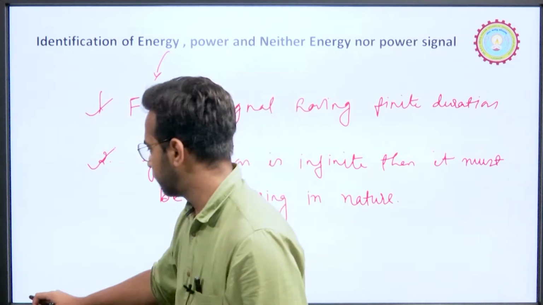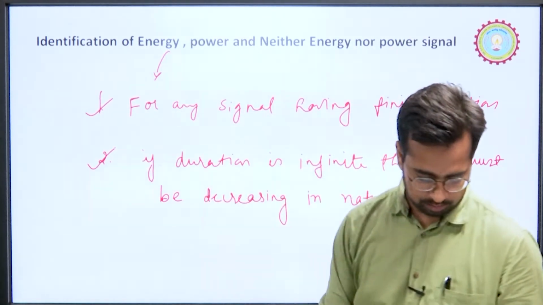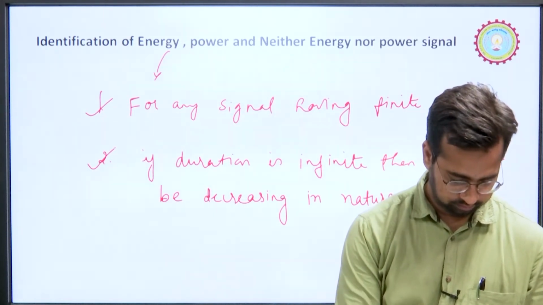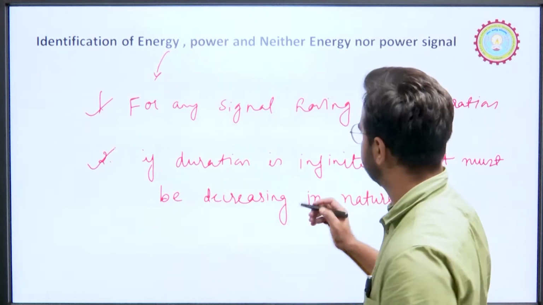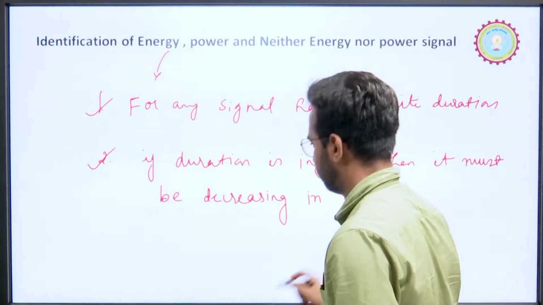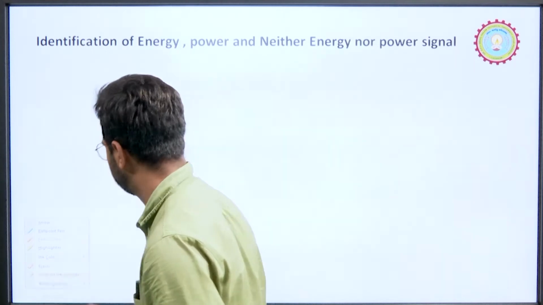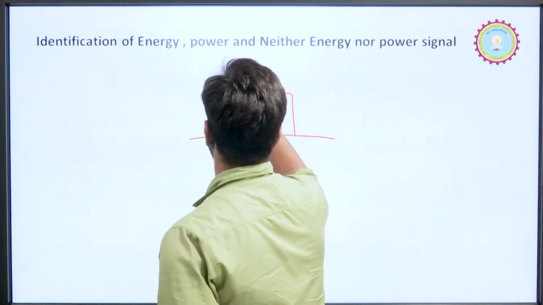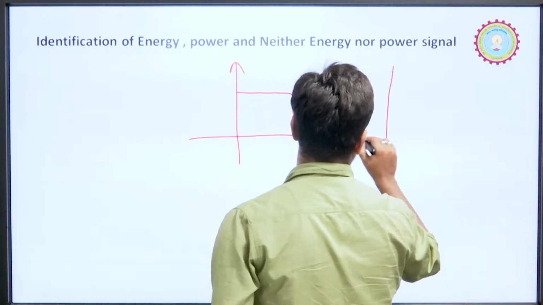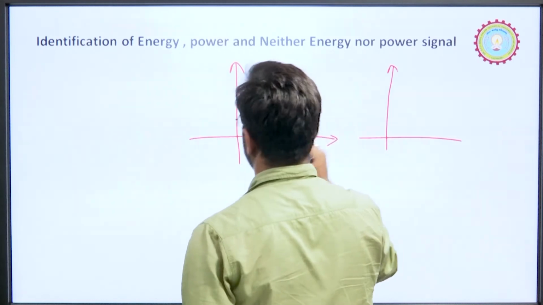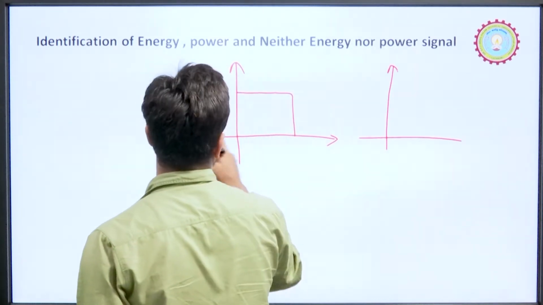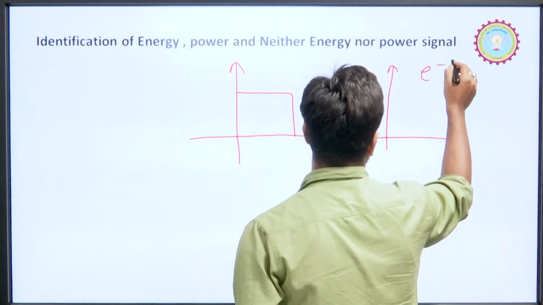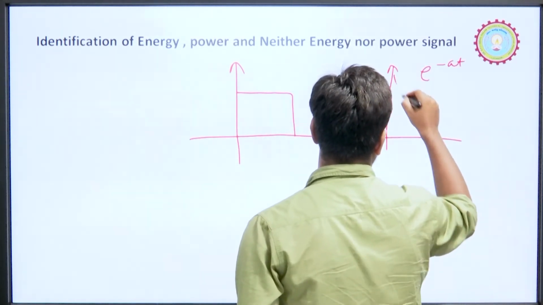Let us see a few examples. Any finite duration signal, this is a finite duration signal we can say. Or suppose this is e to power minus at, this is how we write it.